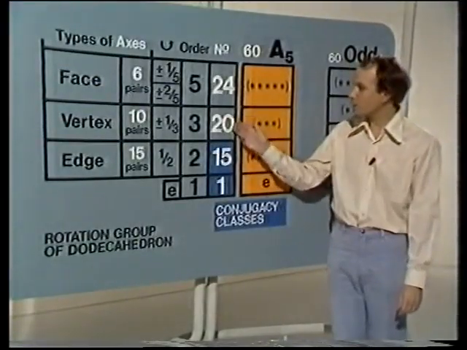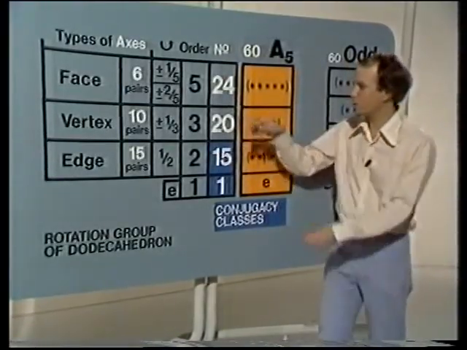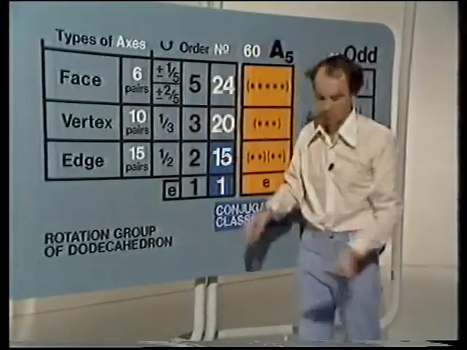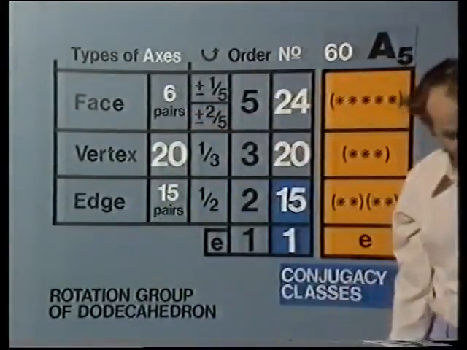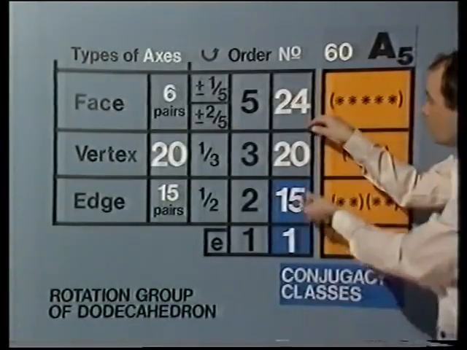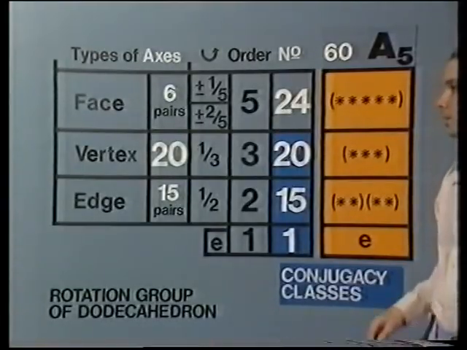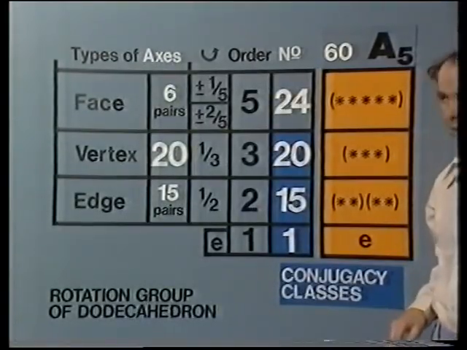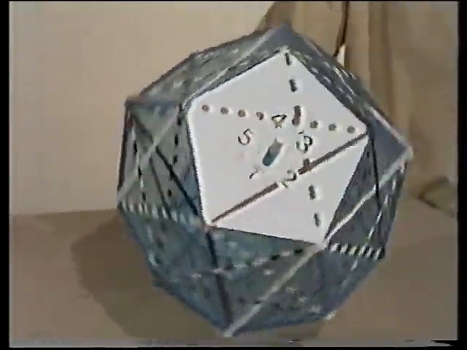So, the 20 vertex axis rotations can each be thought of as the same operation, rotation through plus 1/3 of a turn, about axes in 20 different places, 20 different vertices. So they're all conjugate to one another because we can get from any vertex to any of the other 19 using a direct symmetry.